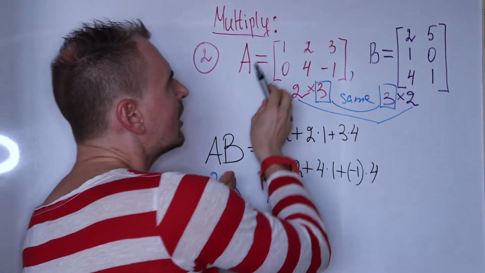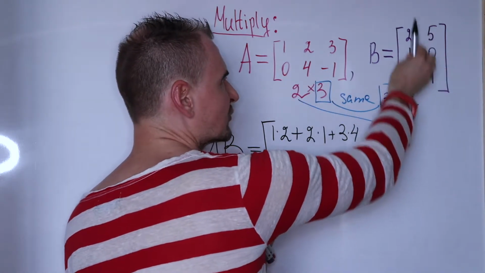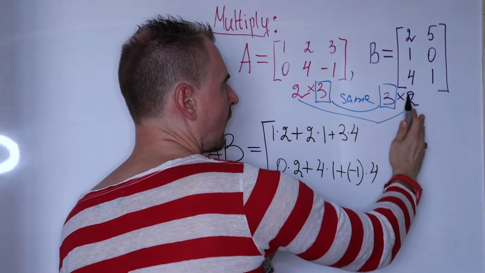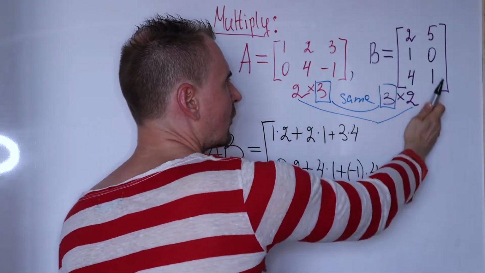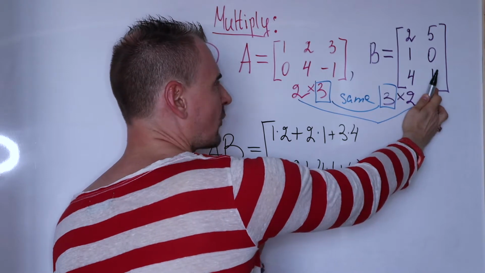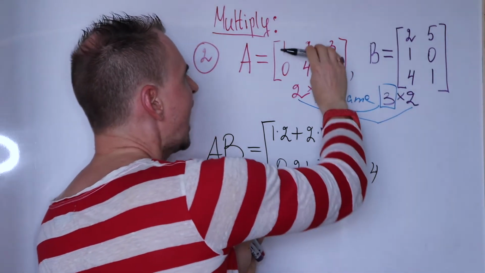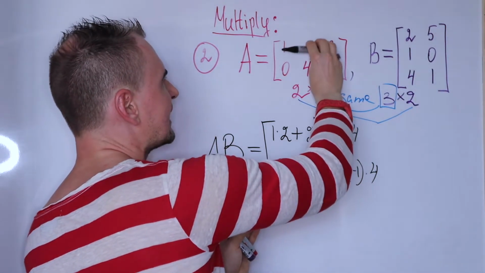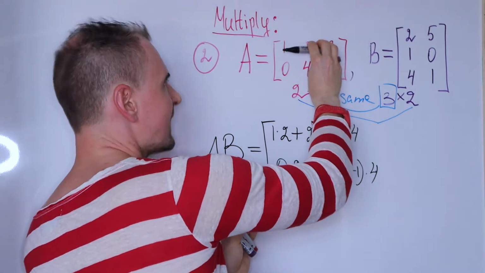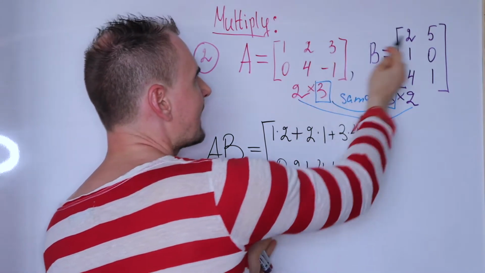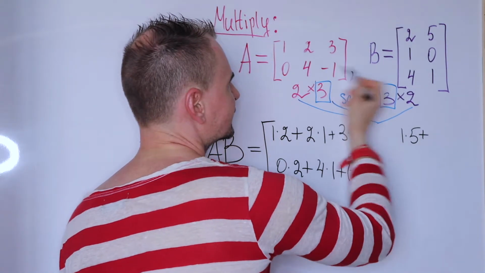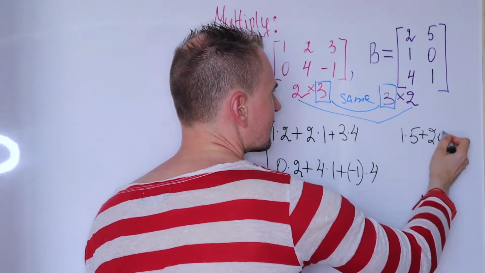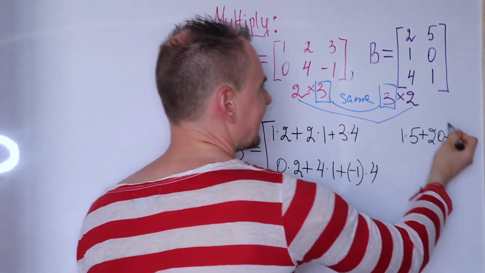Now, moving to the second column, so ignore for the rest the first column, it's done. So we're going to work on the second column in the second matrix, and we're going to take first the first row in the first matrix. So 1 times 5 plus 2 times 0 and plus 3 times 1.